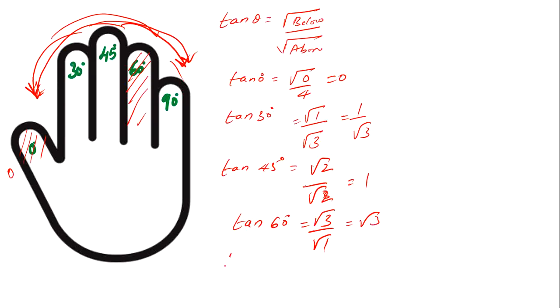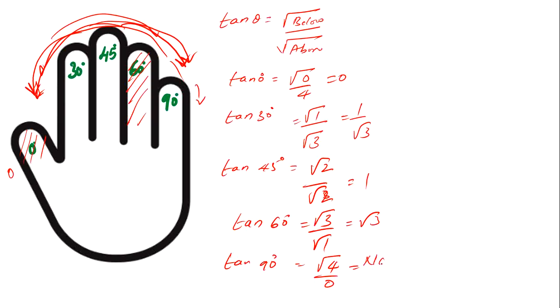And the last one, tan 90 degree. Sorry, I repeat. Above you have nothing and below you have 4. So it is root 4 by 0.